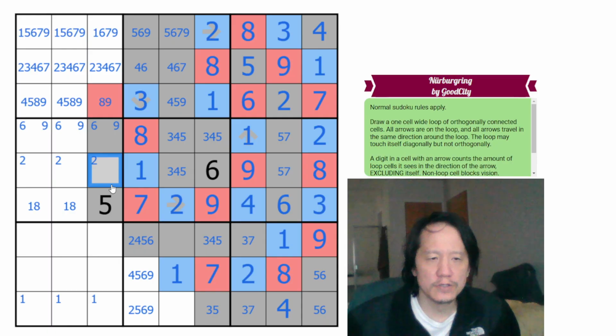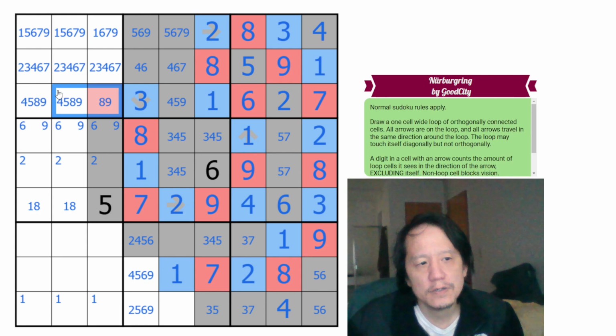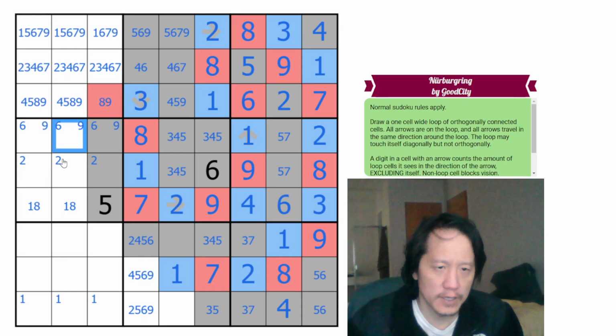If there is a low, if there's a low on row 3, it has to be here, and therefore that would be 4, and this would be 9. So this would be 4, this would be 9, this would be 9.